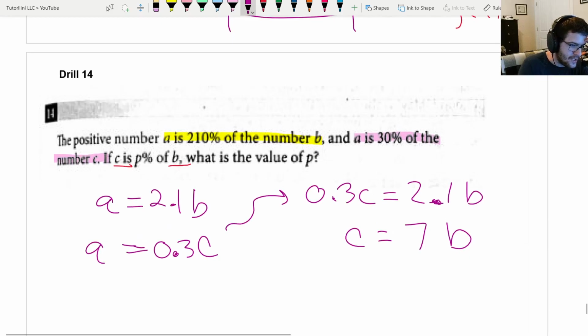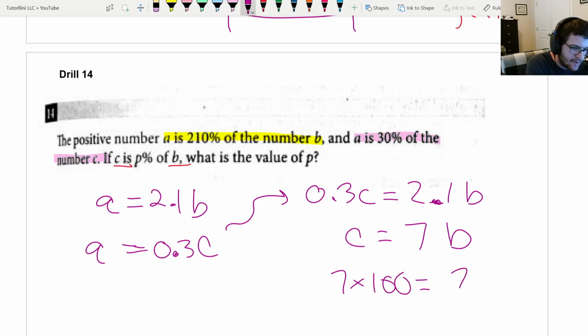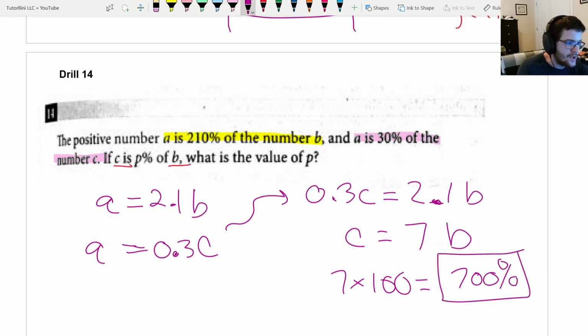To change it back to a percent of, all we do is multiply by 100. We don't need to subtract 1 or anything. So we're just going to do 7 times 100, which is 700%. So you just put 700 as your answer. P equals 700. That is correct.